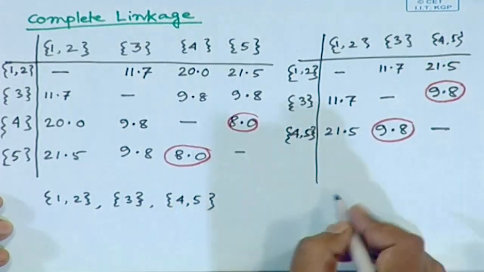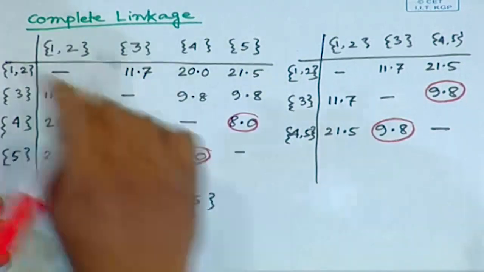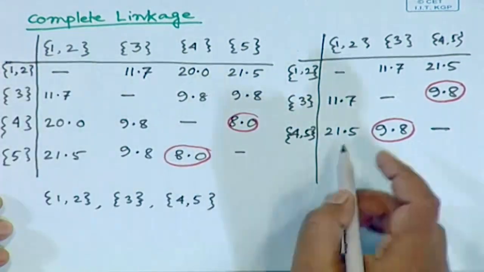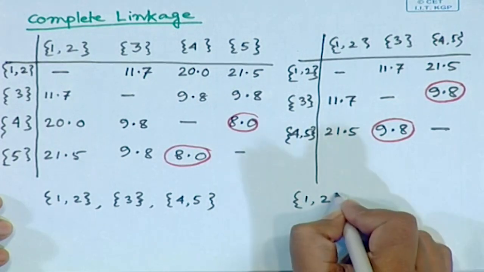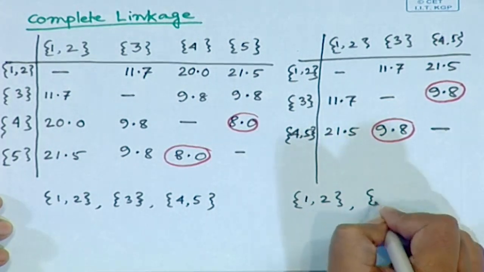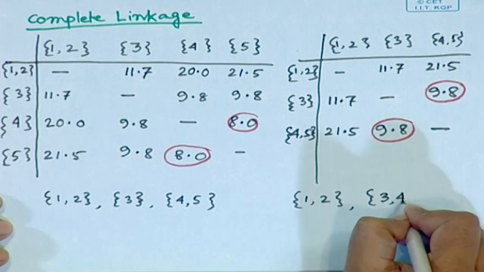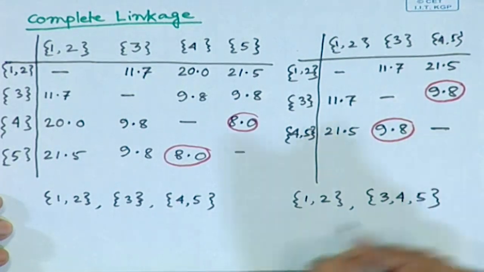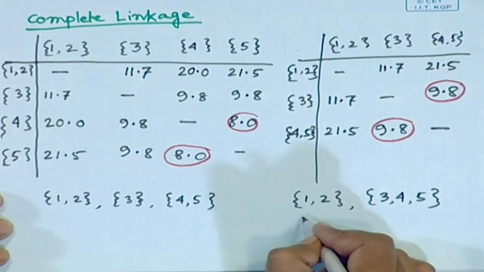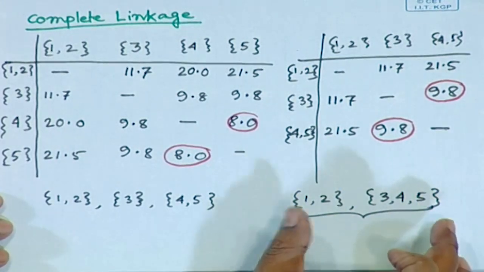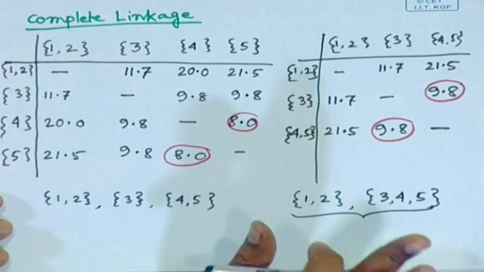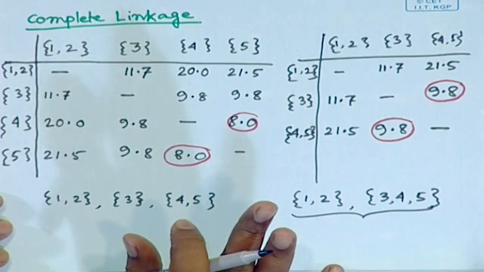Okay. So, over here the clusters that I have got are 1, 2 and 3, 4, 5. And then finally, these two clusters will be combined together to give you a single cluster having all the feature vectors in that cluster. Is that okay?